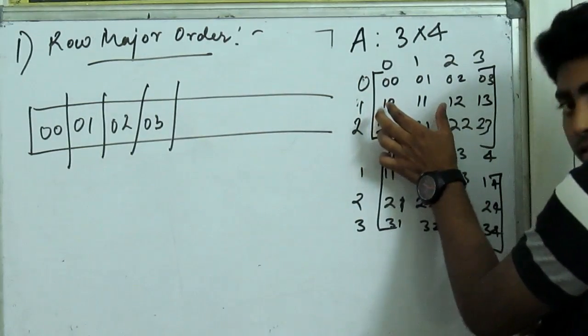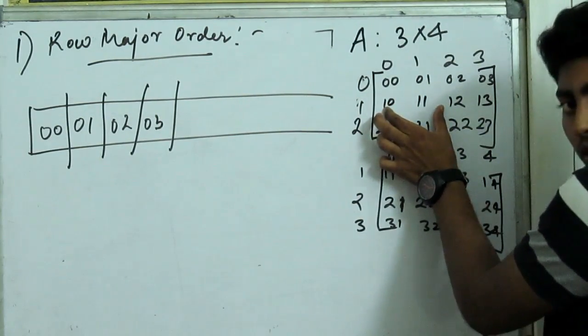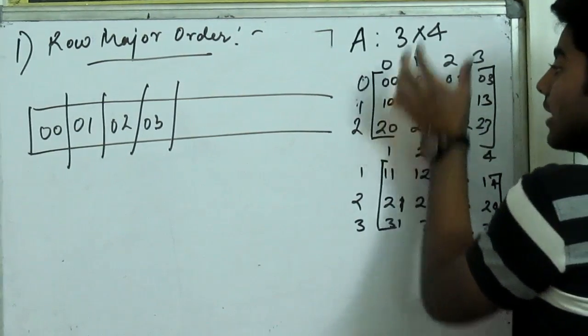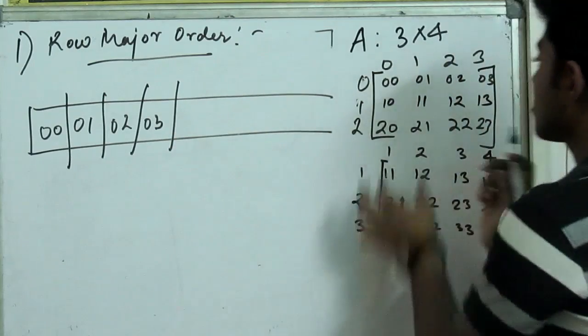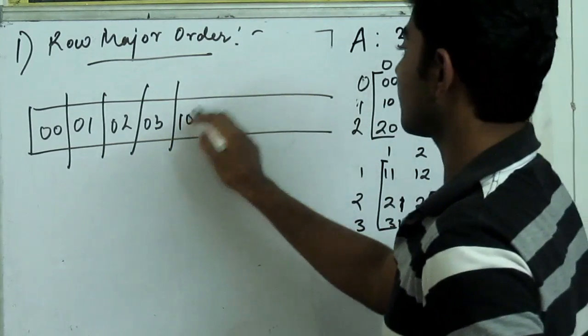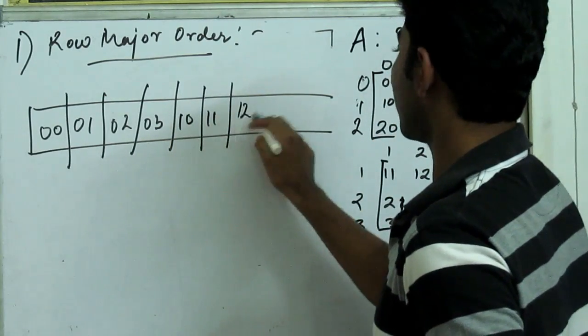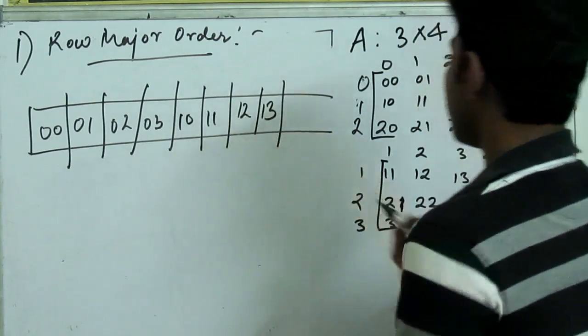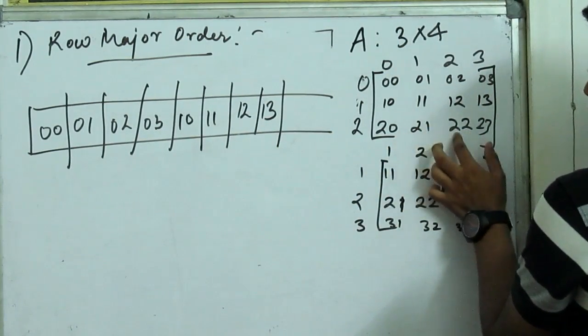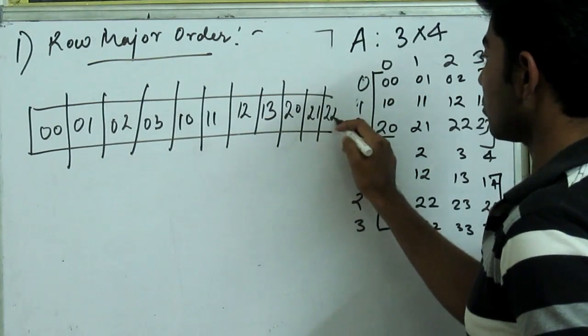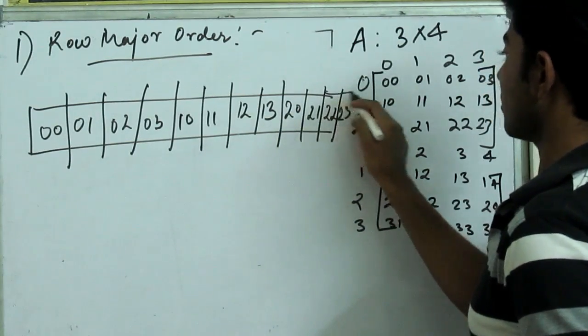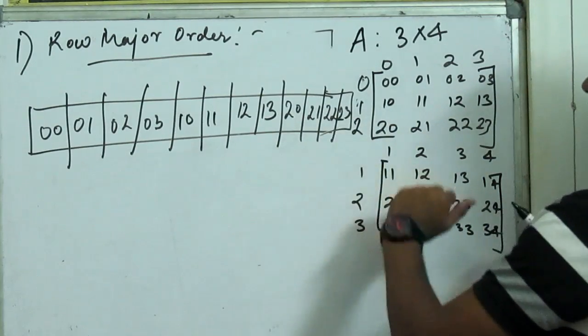Now you take the next row of your two-dimensional array and put it in the next vacant memory locations. So just take 1 0, then 1 1, 1 2 and 1 3. Similarly, you take 2 0, 2 1, 2 2 and 2 3 and put it here. Sorry, I am running out of space, that's why I have written it like this.